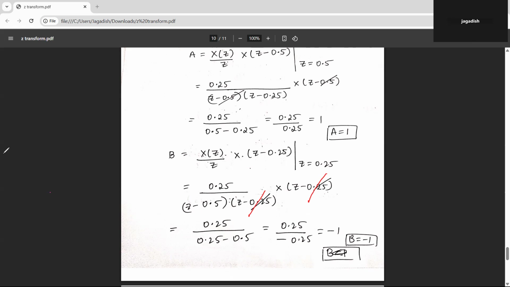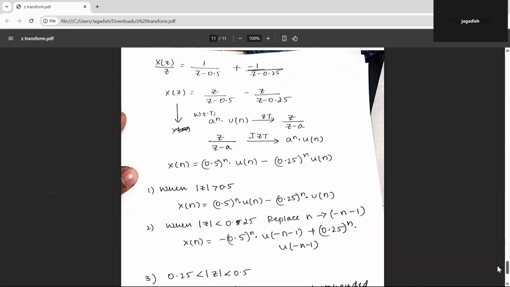So you got the A value and the B value. The next step is to substitute the A and B values in that equation. You got 1 and minus 1.